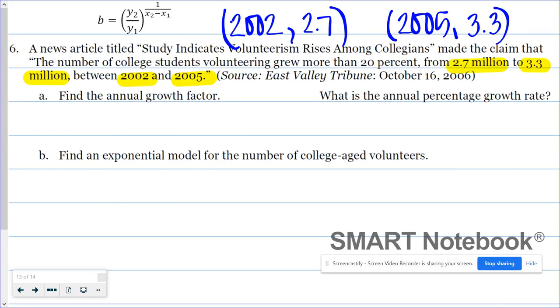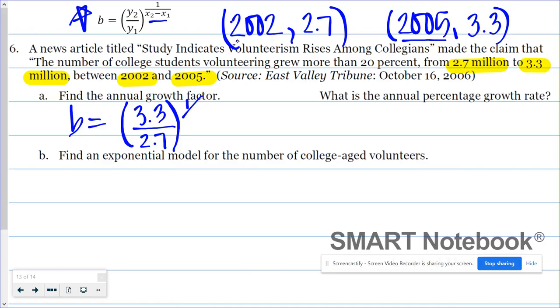To find the annual growth factor, I'm going to use my change factor formula. So b is equal to y2, so 3.3, divided by y1, 2.7, raised to the power of 1 over, and I would do this math in my head, x2 minus x1: 2005 minus 2002, that's 3. So I'm going to calculate this.